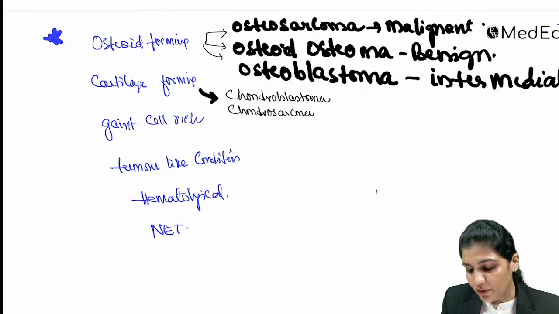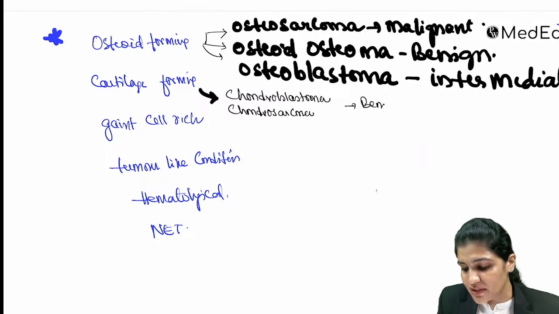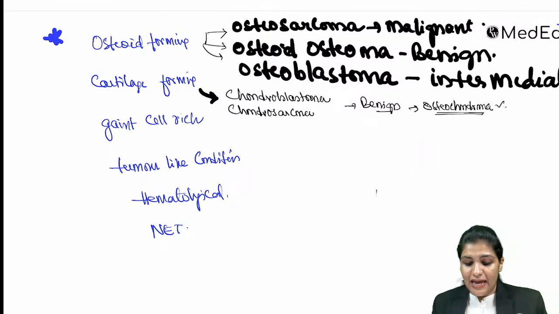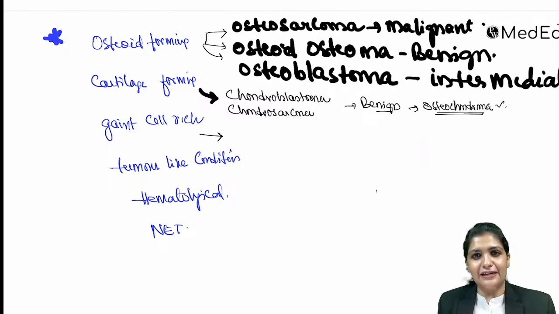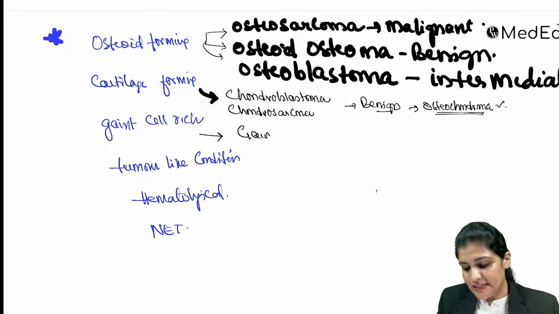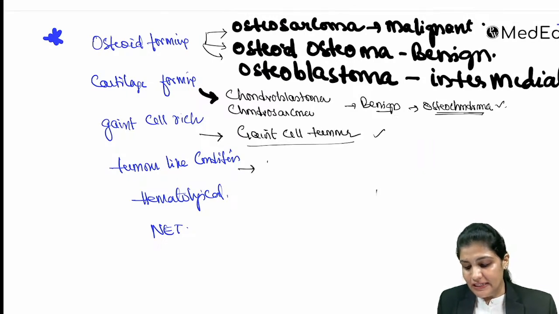And here the important one, the benign part of this, is your osteochondroma. Right, and then the giant cell rich, which you all know, is your giant cell tumor. And then tumor-like conditions are your cysts. So we have simple bone cyst and aneurysmal bone cyst.